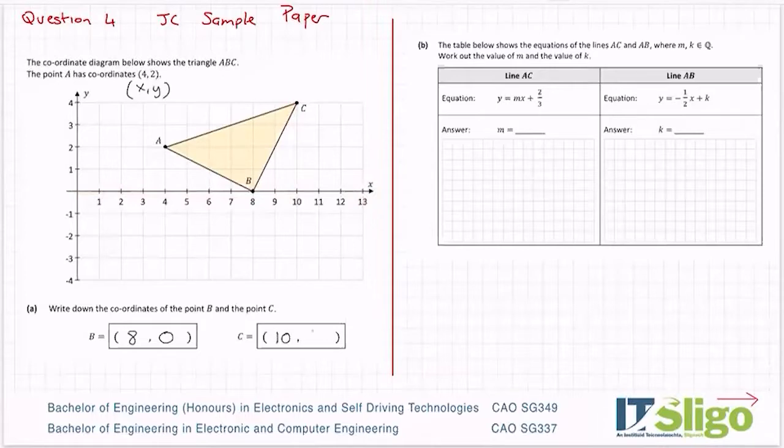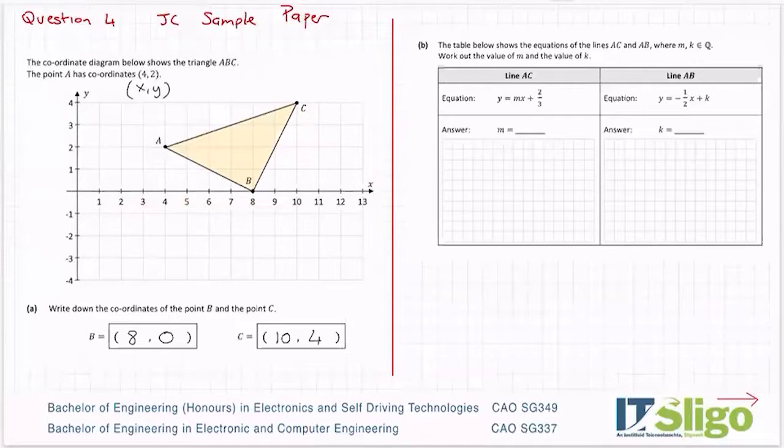So 10, 4. You remember that as x comes before y in the alphabet. So when you're writing down points, the x coordinate comes first and then your y. It's like the location on a map of where the point is. Over 10 steps, up 4. Okay, so that's B and C.